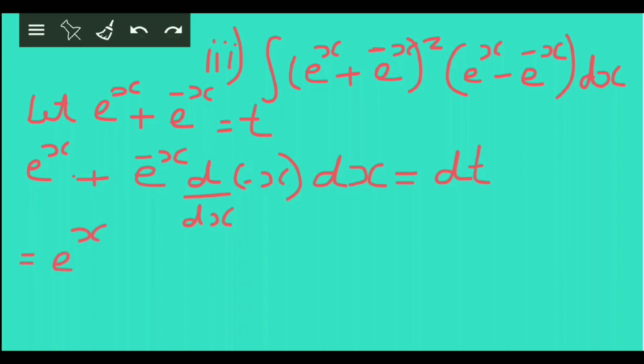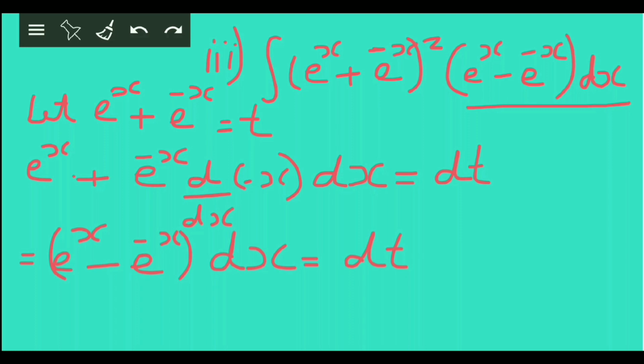Now, the differentiation of minus x is minus 1. So, minus e raised to minus x dx as dt. So, if you see the question, this term has become dt. Okay, and the remaining term is t square. So, our substitution has become very simple.